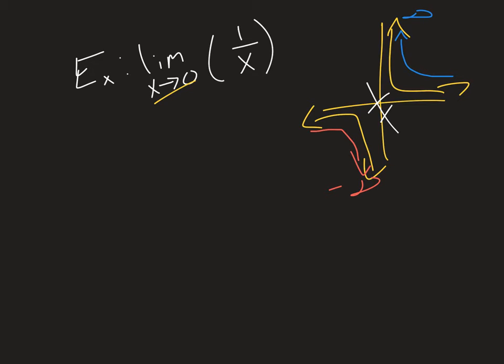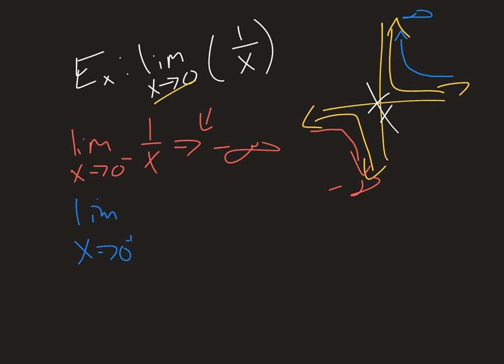So a way of writing this is that if we're looking at the limit as x approaches 0 from the left, so that'd be our red curve, we put a little negative up there, like almost as an exponent, of 1 over x would be negative infinity. And when we're talking about infinities, we usually draw an arrow. It approaches negative infinity. And likewise, the limit as x approaches 0 from the positive side goes to positive infinity.